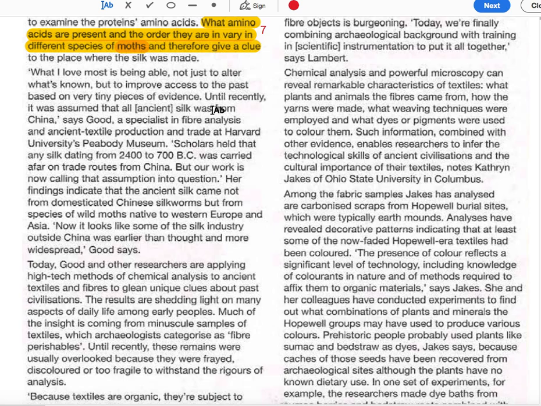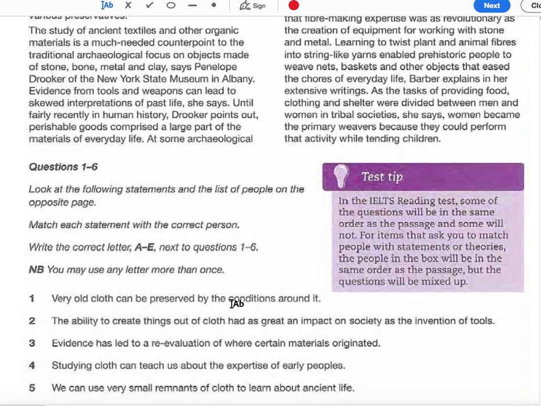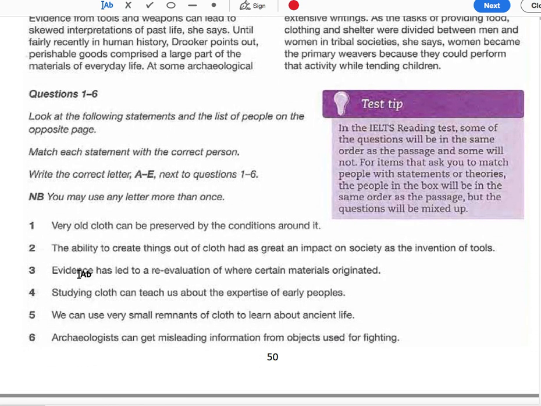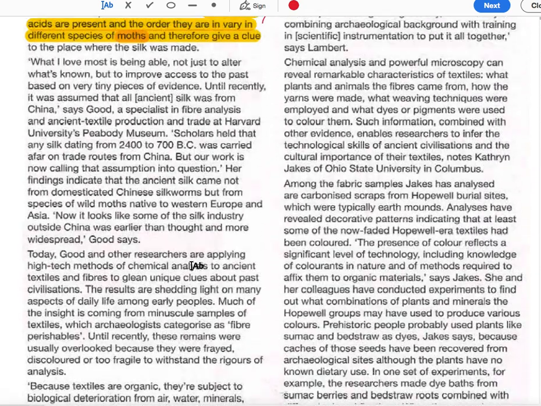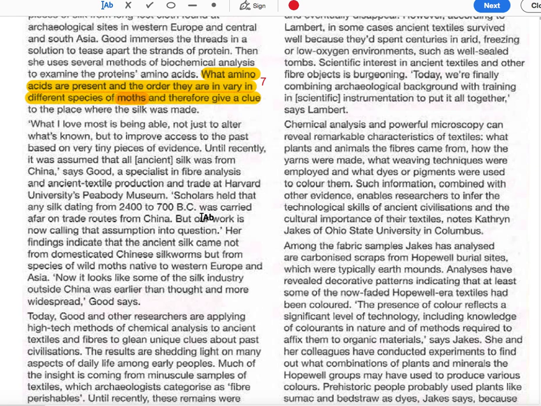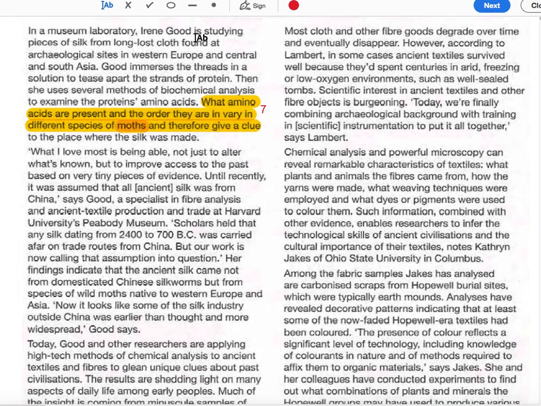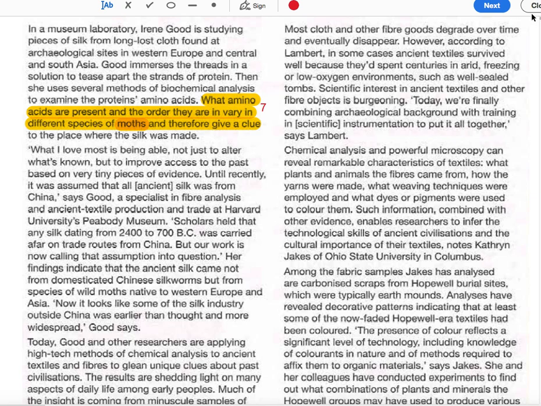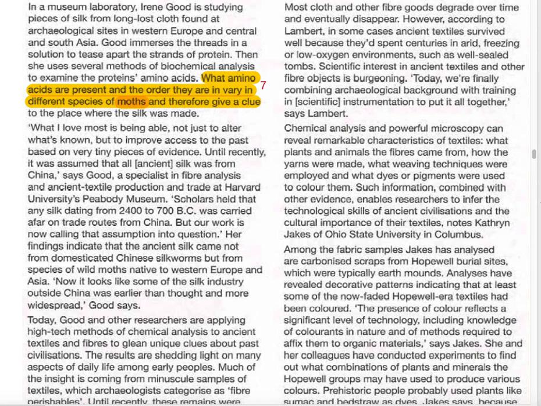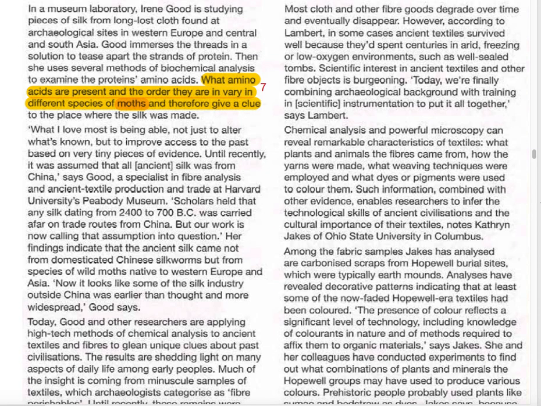It says all silk was from China. Yeah, here, number 3, I can see here, it says it was assumed that all silk came from China. Right there.